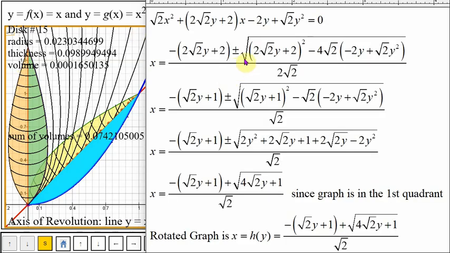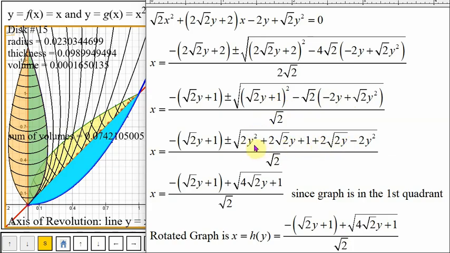And then next, simplify by dividing each term here by 2, and this term by 4, and this term by 4, and dividing the bottom here by 2. And then we end up with this. And then multiply this out, and we end up with this.